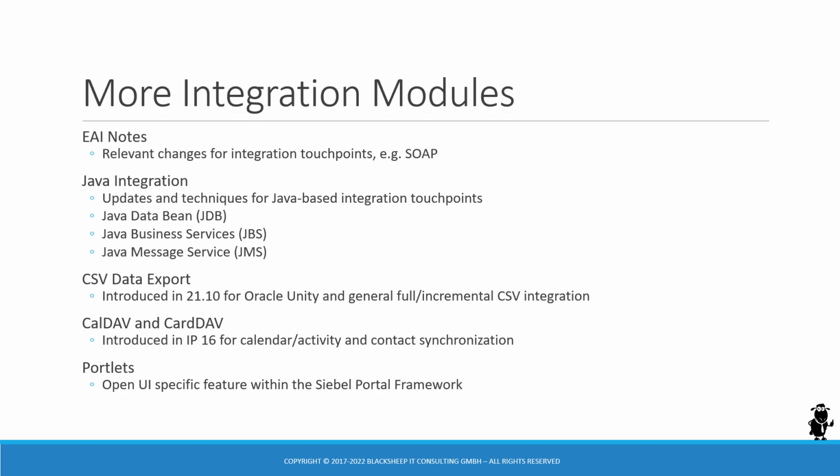Another integration module that has caught the attention of anyone who upgrades to Siebel IP16 or later is the CalDAV and CardDAV capability of Siebel for calendar and contact synchronization. And we have a chapter on portlets, an OpenUI specific feature within the Siebel portal framework, which we'll discover in great detail.